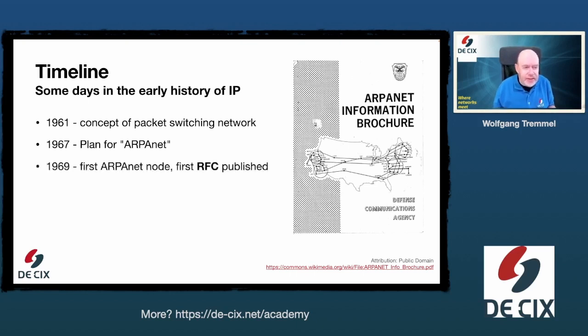In 1969, the first node came online, and the first RFC, which means request for comments, and these are papers containing internet standards, was published in 1969. In 1972, this network was first publicly demonstrated.